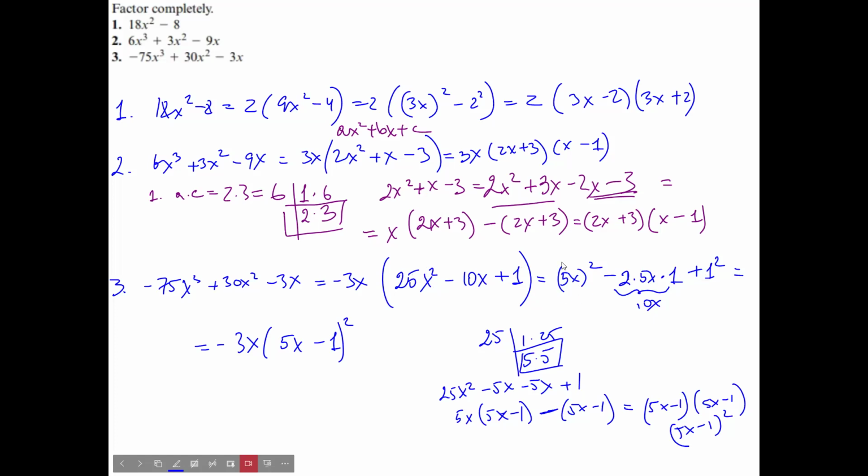I put this and I put last. Then if it is the formula, the middle has to be 2 times a times b. So I take 2 times 5x times 1, and then I check, is it 10x? Yes, it is. Then if it's matching, it means I have my formula. Good?